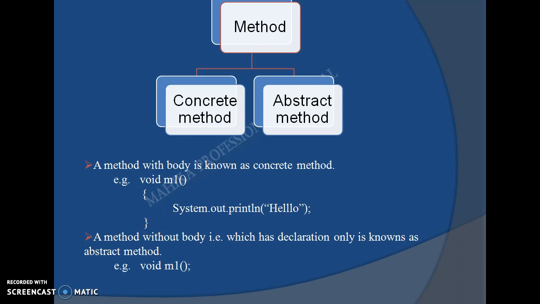Whereas a method without body, that is a method for which only declaration or signature is given, is known as abstract method. Abstract methods are used to achieve abstraction in Java.